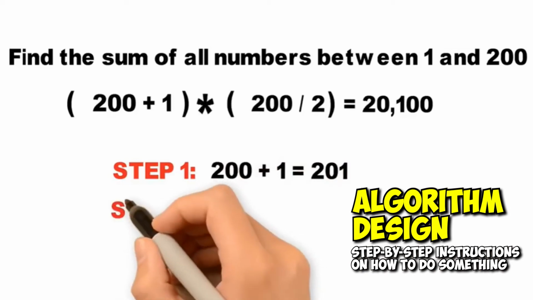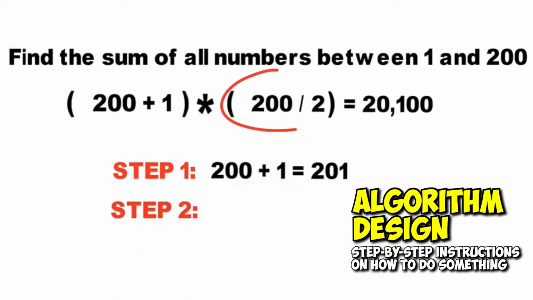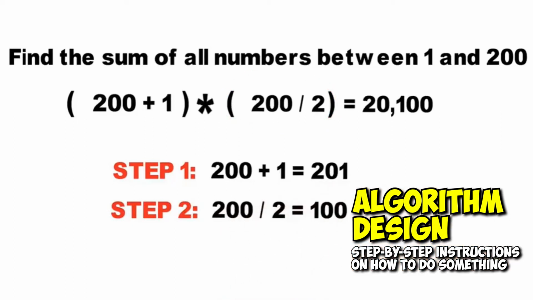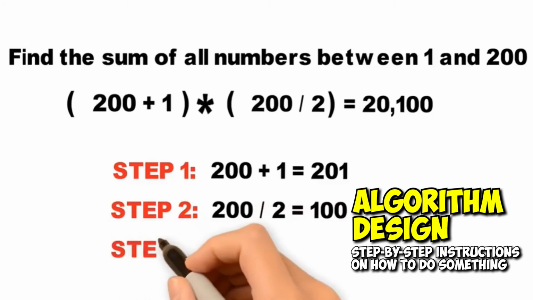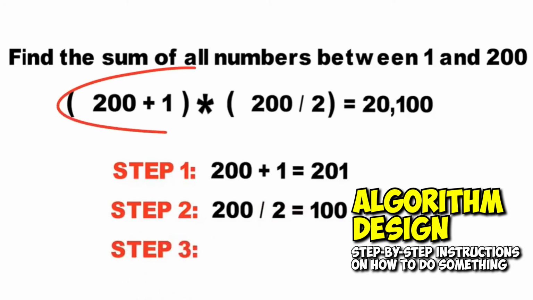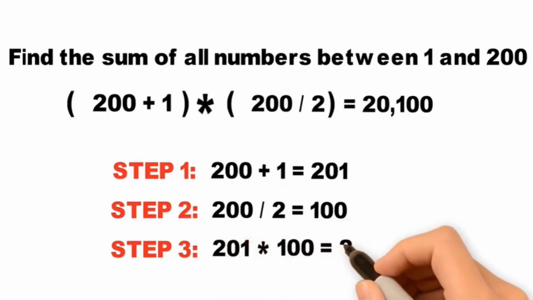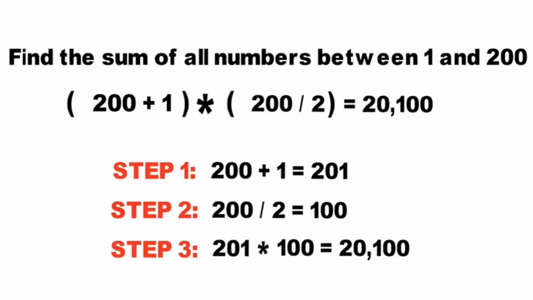Step 2 is to find the quotient of 200 divided by 2, and when we do that, we get 100. Step 3 is to multiply the 2 together. So we get 201 times 100, which is 20,100.